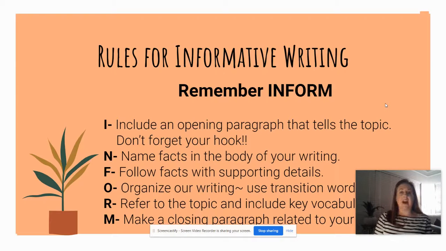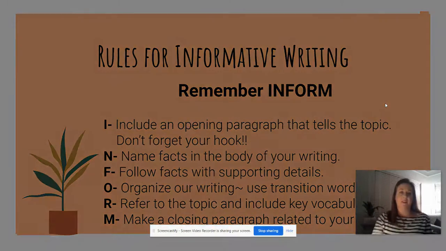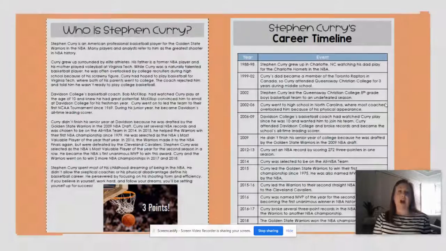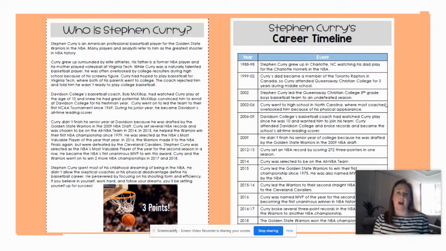Okay, so let's look at an example of some information on the topic that I have chosen. Okay, so I have decided to write my informative writing on Stephen Curry. So I have listed two sources, which you can have more than one source because sometimes one source may not have enough information, so you need to rely on something else.